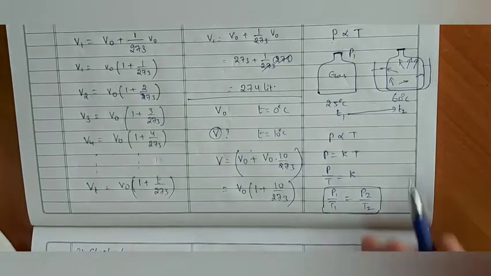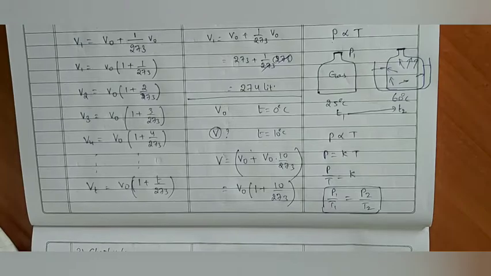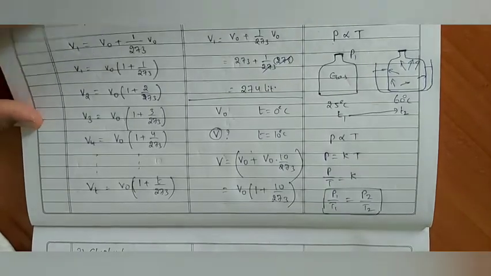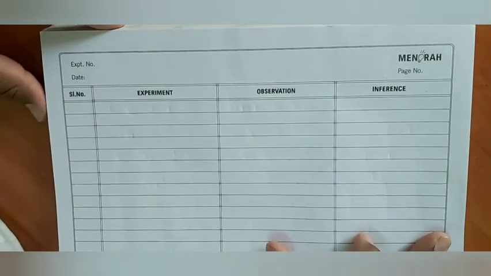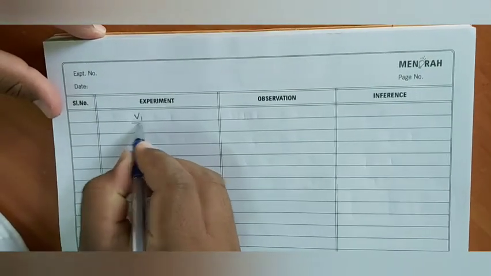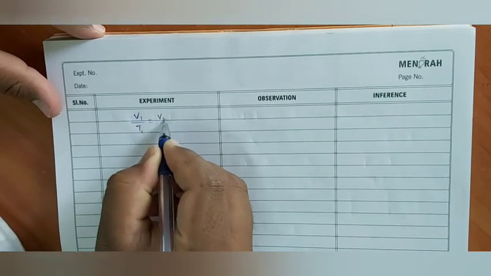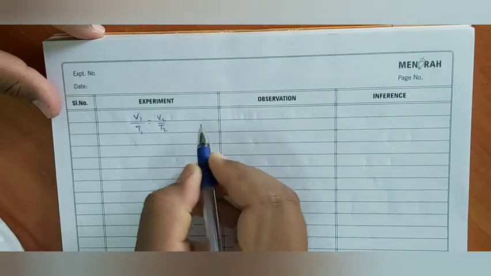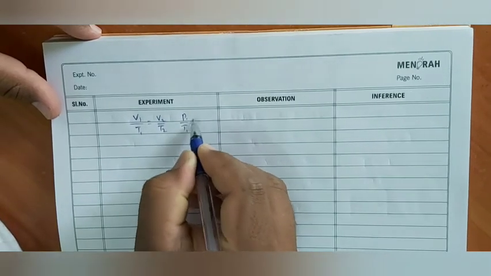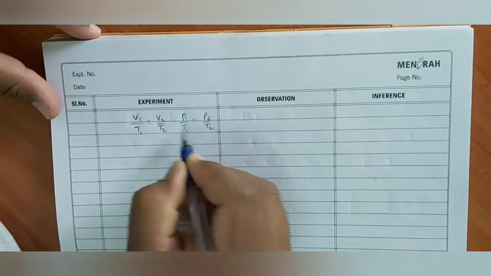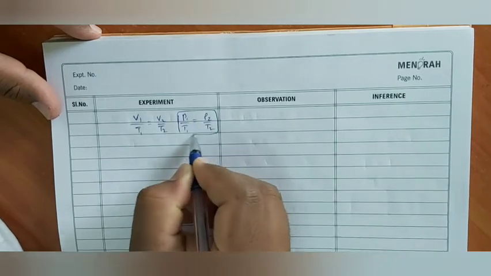Is it okay? Now, just observe carefully. Charles' law formula is V1 by T1 is equal to V2 by T2. Gay-Lussac's law formula is P1 by T1 is equal to P2 by T2. These two formulas are similar.